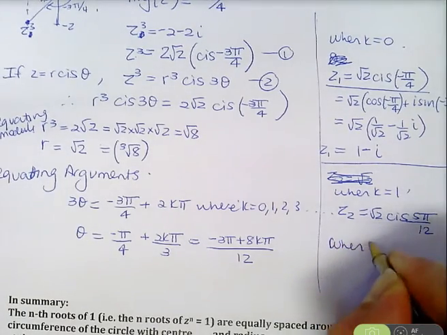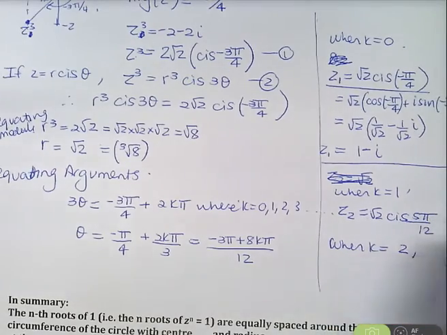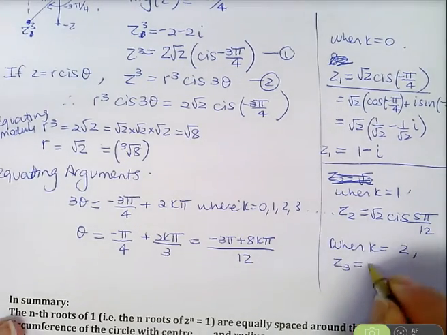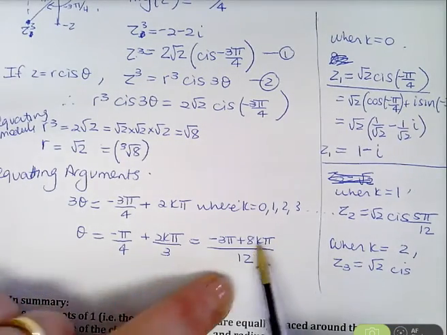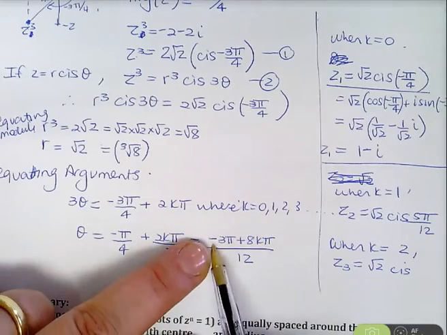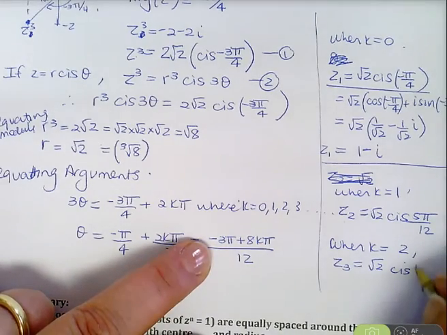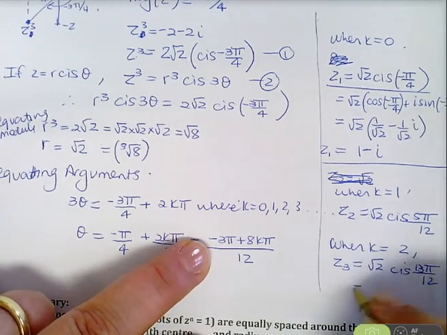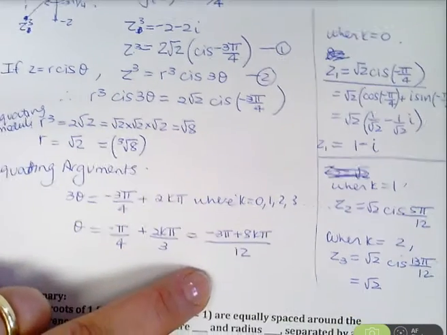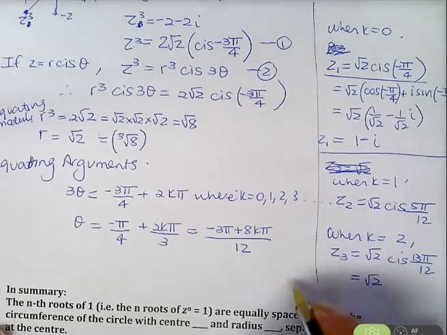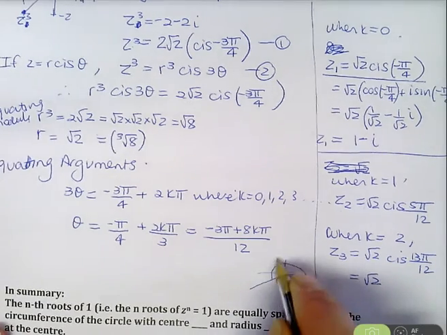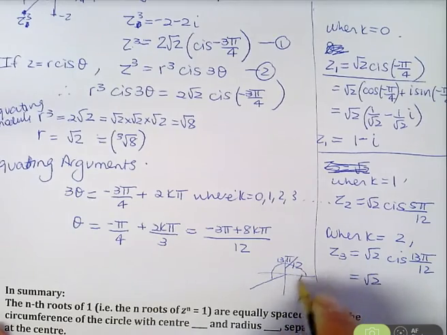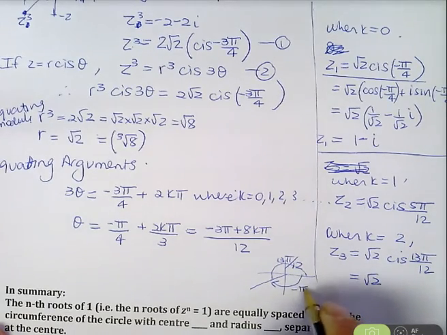And when k equals 2, the third root will be root 2 cis 16 minus 3, that's 13 pi on 12, which is the same as negative 11 pi on 12.